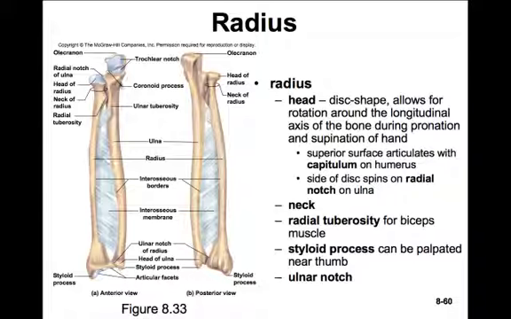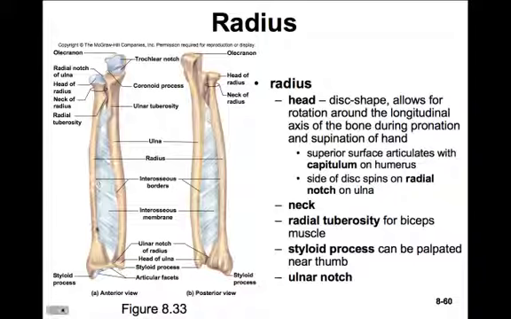There's a side of the disc also that's going to spin in the radial notch right here. So both of those surfaces are covered with cartilage. We can see the neck here of the radius, right above the radial tuberosity. The radial tuberosity is another attachment site for the biceps muscle.